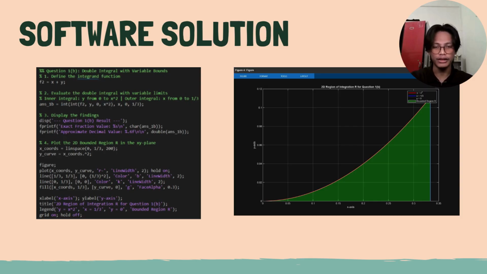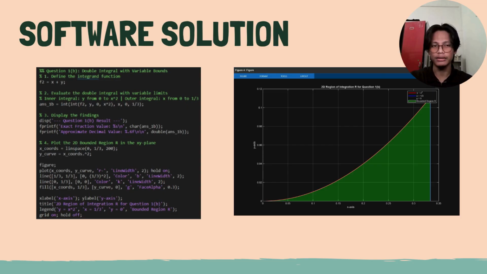The rest of the script is just for displaying the answer and for plotting the 2D bounded region R in the xy plane. As you can see, we display and print. For the 2D graph, I found some example that I can use, and I changed the values to match the question, which is 0 to 1 over 3 and 200 for x, and the y curve equal to x to the power of 2.